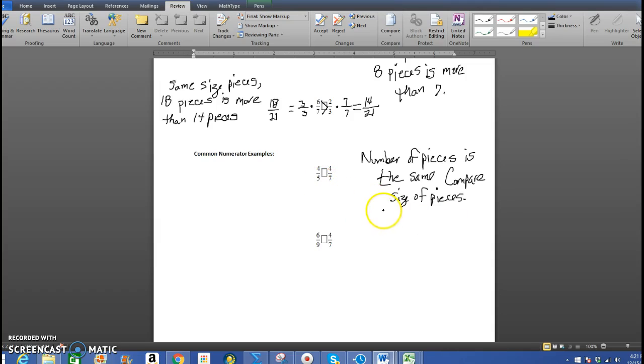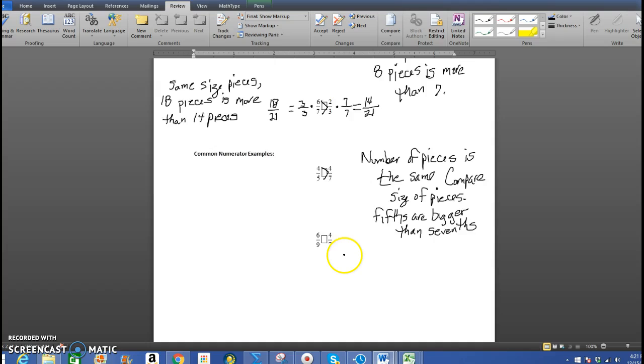So what I would write is 5ths are bigger than 7ths. So that makes that the bigger fraction.